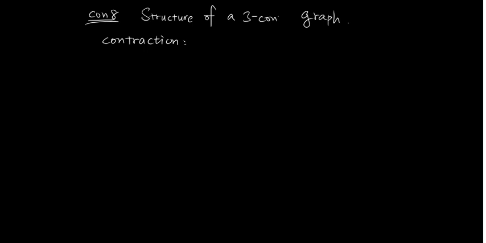So basically, the meaning is, I have an edge. It must be an edge, okay? U and V are adjacent, and U itself has some neighbors. V itself also has some neighbors, and of course they possibly overlap.